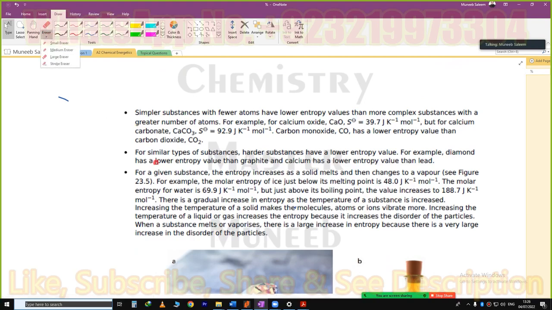Then this point: for simpler types of substances, harder substances have a lower entropy value. For example, diamond has a lower entropy value than graphite, and calcium has a lower entropy value than lead. So this is an additional point. Hardness means smaller entropy value, and soft substances have greater.